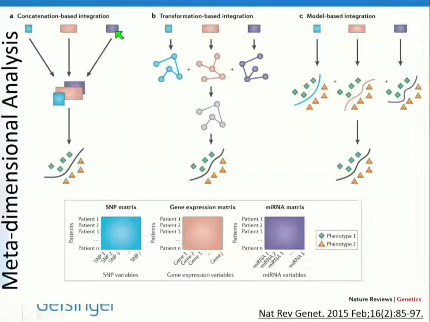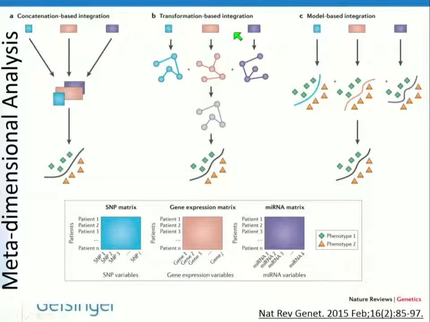So you'd have patients down the rows and the genomic variables in the columns, and the first, however many would be SNPs, the next would be your expression, and then your microRNAs. And it would make a very large data matrix, many features to search through. You would use some sort of machine learning algorithm to do that analysis and then look for association with phenotype. And I will show you an example of one of those strategies today.